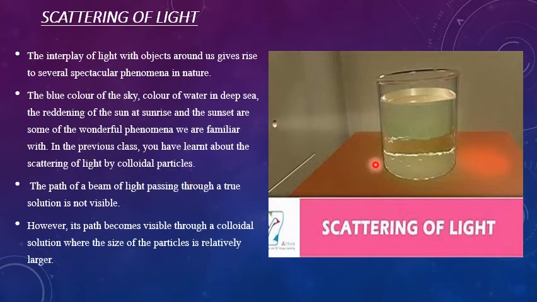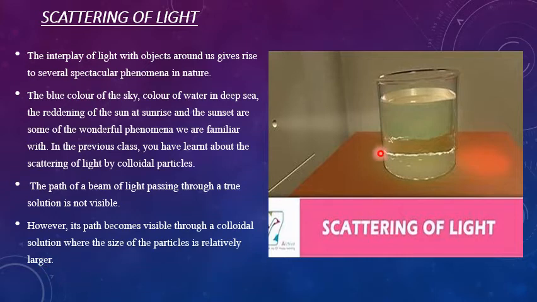You remember that when a beam of light passes through it, you can see the particles. The path of a beam of light passing through a true solution is not visible, but its path becomes visible through a colloidal solution, where the size of particles is relatively large.